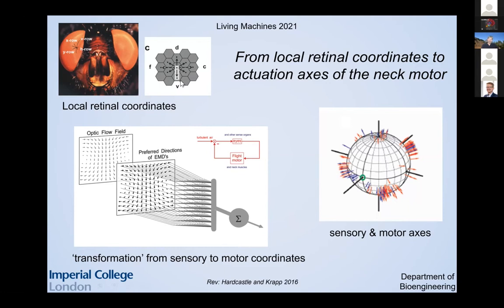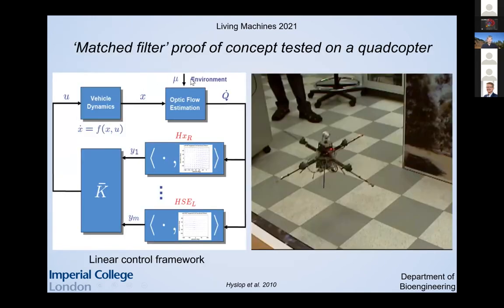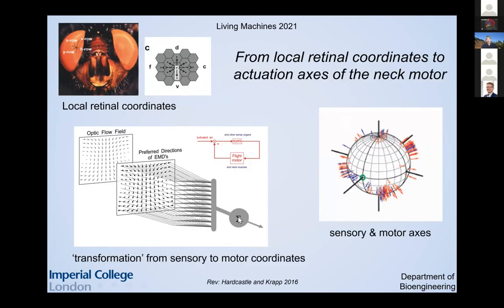So you can start from looking at the local analysis of motion using elementary movement detectors, and then you integrate them spatially to come up with a signal here that is already compliant with the coordinate system used by the motor system, in this case, to control head movements, where the blue axes here in the spherical representation of a motion axis are derived from the data we got from these interneurons analyzing optic flow, and the red axes in the same plot are the control axes of motor neurons driving the neck muscles.